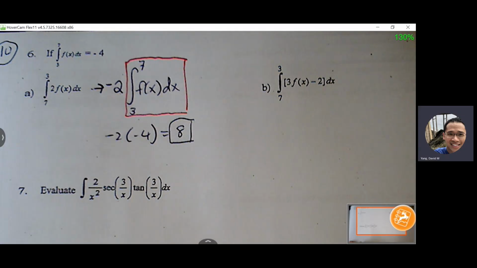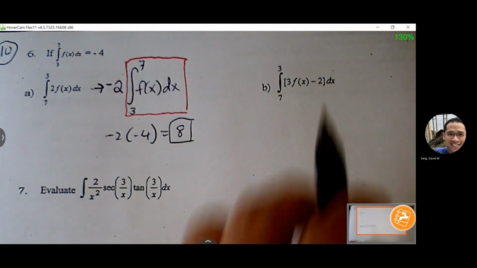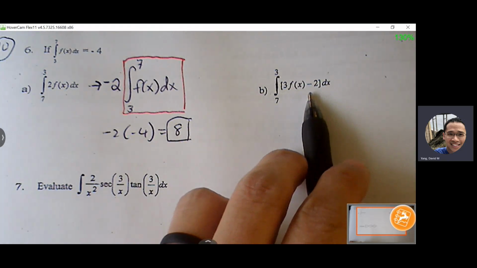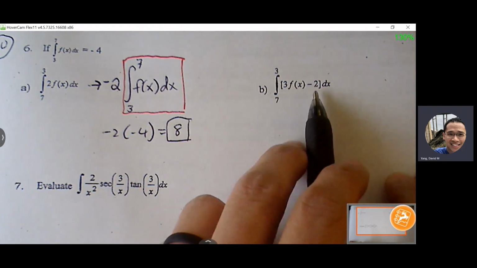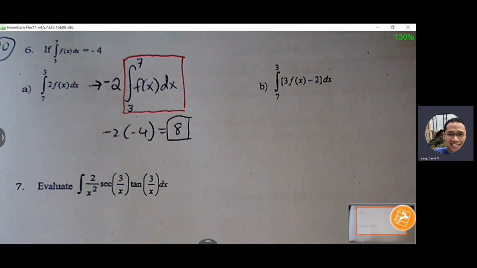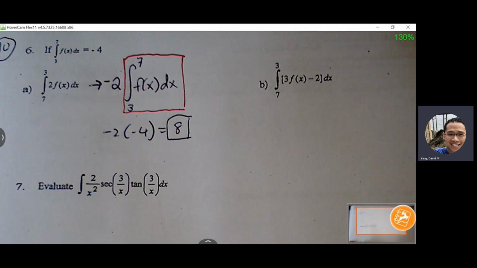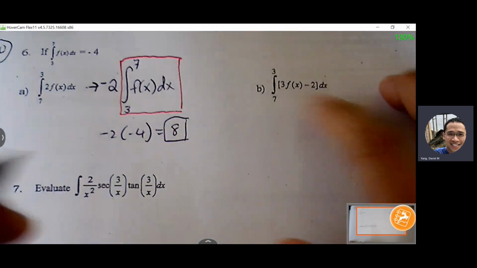Okay, next one. Also, I can flip the bounds, but gotta be careful here. The -2 is inside the antiderivative, so we can't just separate the -2 and treat it like it's independent. It's impacted by that integral. So let me separate first.